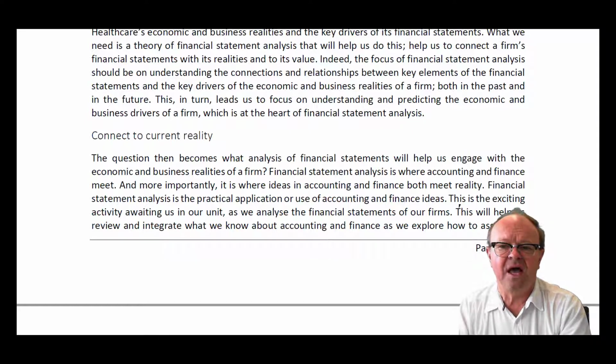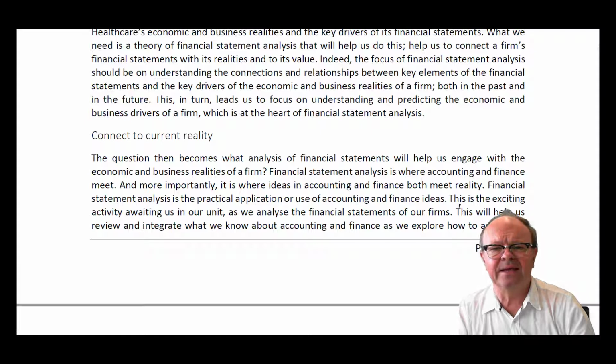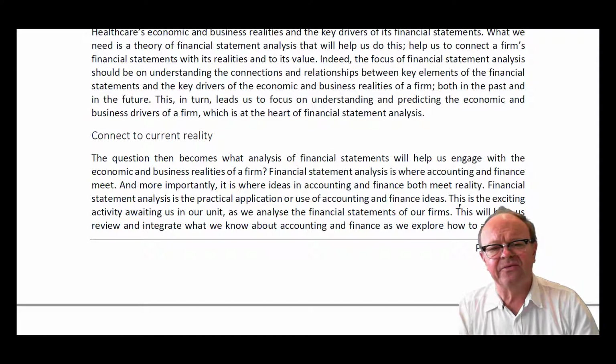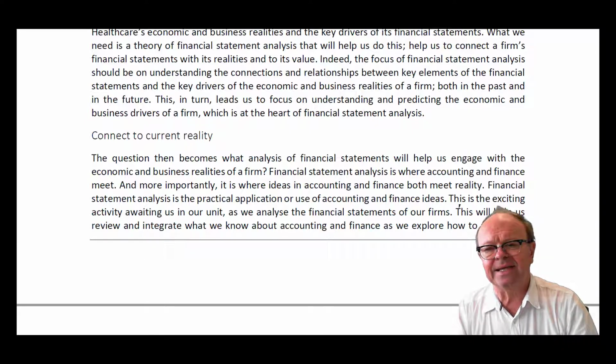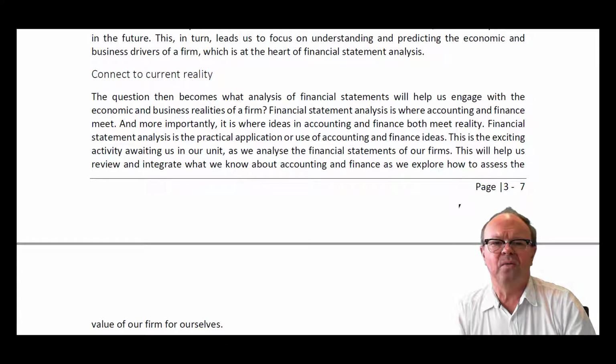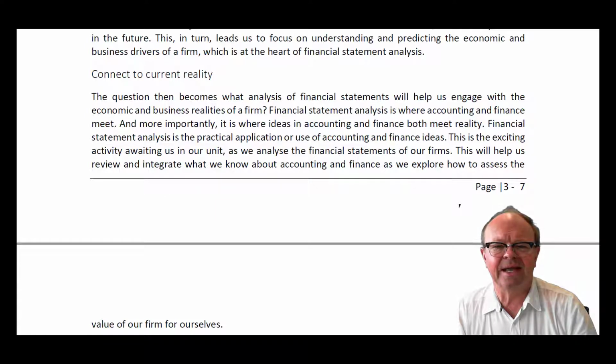Indeed, the focus of financial statement analysis should be on understanding the connections and relationships between key elements of the financial statements and the key drivers of the economic and business realities of a firm, both in the past and in the future. This in turn leads us to focus on understanding and predicting the economic and business drivers of a firm, which is at the heart of financial statement analysis.